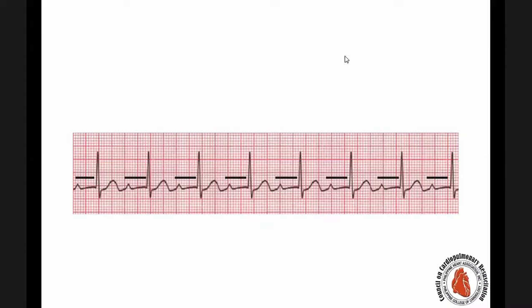So this is another example of a first degree AV block. If you look at this, PQRST regularly occurring. What is the heart rate of this? Please count. 5, 10, 15. So normal sinus rhythm, but first degree AV block. Okay? So the PR interval is so long, right? About 5, 6, 7, 8. 8 times 0.04, that's its PR interval.